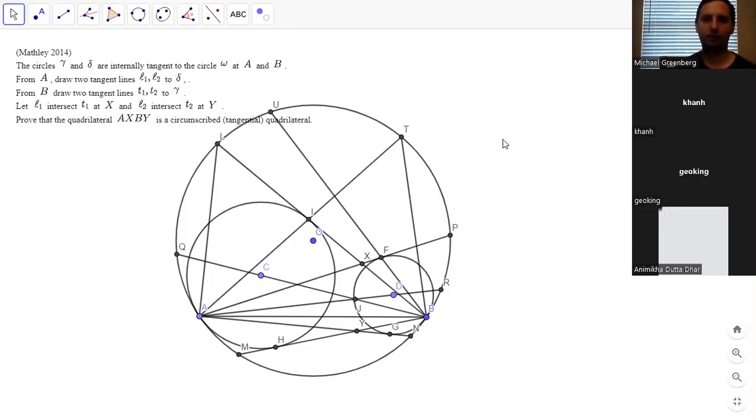Okay, so T is the midpoint of arc BL. So that means T is the, let's see. TI times TA equals TB squared.